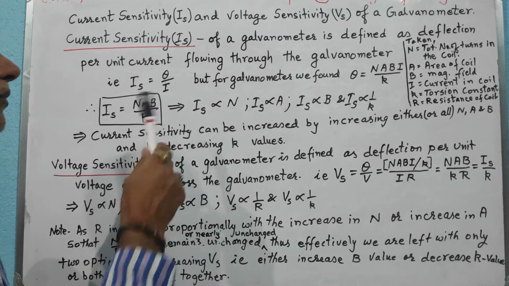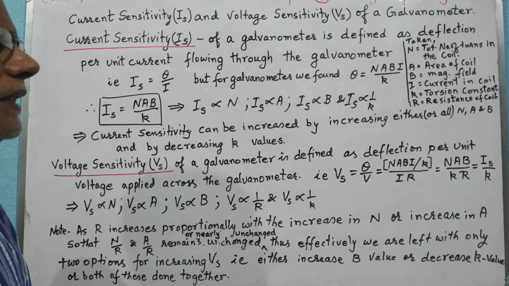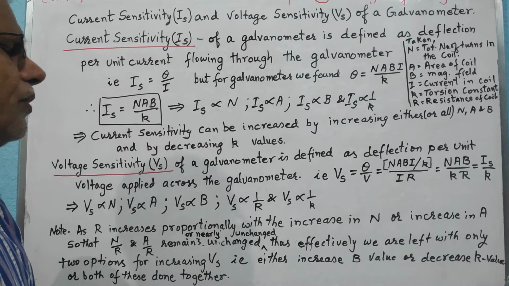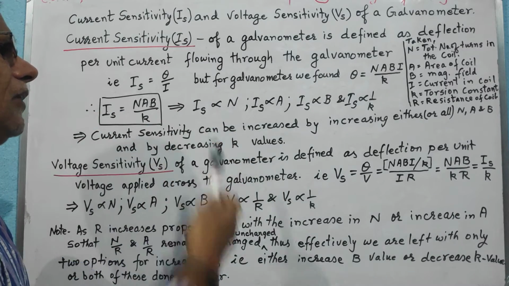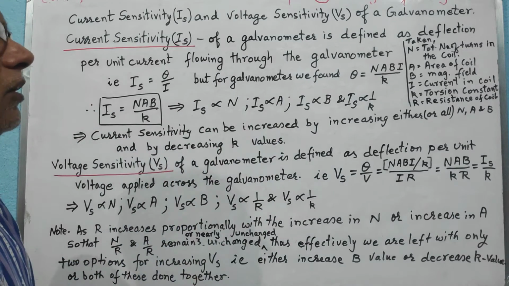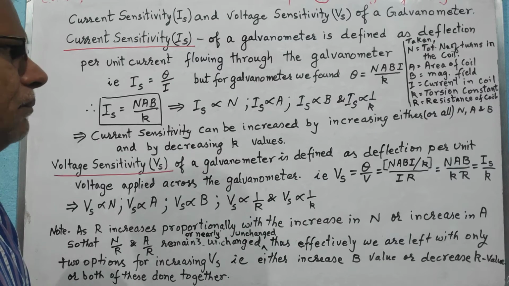So naturally we would like to have a device with greater current sensitivity, and for that we can keep increasing the value of N, A or B, or decreasing the value of K, but certainly there is some limit.